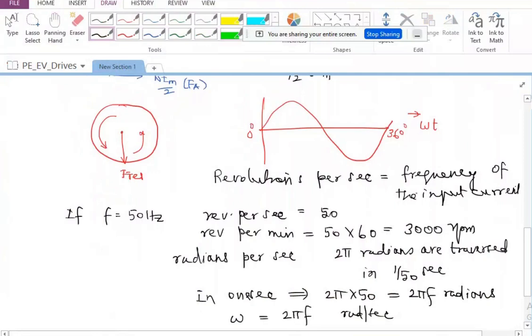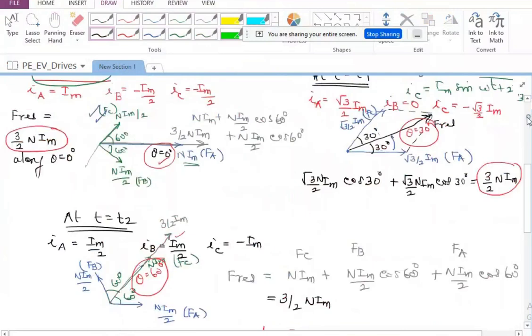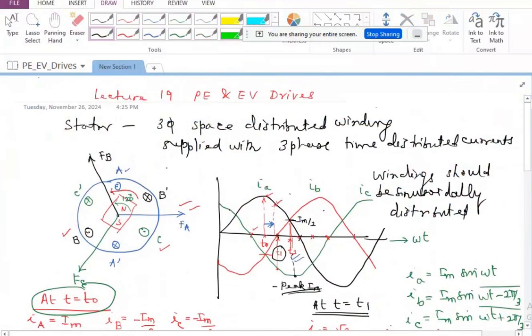So the revolving magnetic field theory states that if I supply a three-phase space distributed winding with three-phase time distributed sinusoidal currents, then I am going to have a magnetic field of constant magnitude, corresponding to 3 by 2 times peak current multiplied by the number of turns.